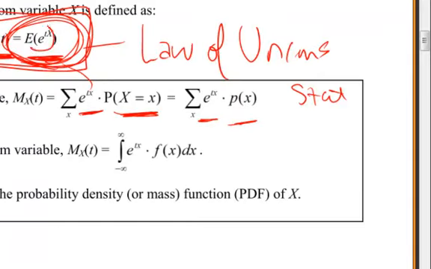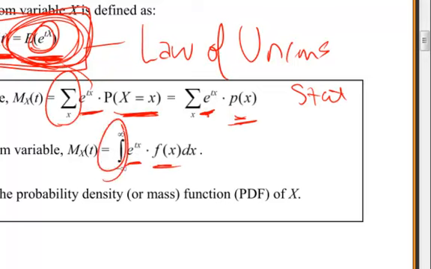So if x is continuous, same deal. Notice the only difference, if it's discrete, we have the nice sum, and continuous, we have a nice integral. And sometimes, of course, this integration might not exist, so you might not have a moment generating function for some random variables. Same way with the discrete.